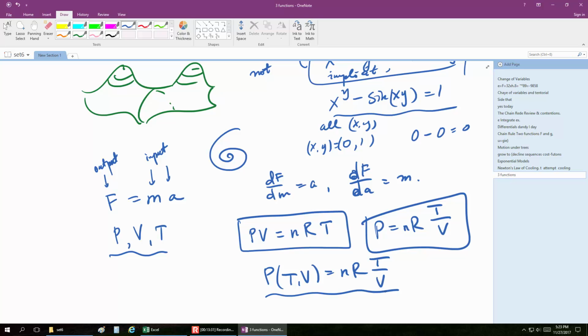So it's possible, but if you want to make sure that there are two degrees of freedom and they're fully independent of each other, you should be able to change volume freely and temperature freely without interfering with each other. Okay? So then it becomes a function.